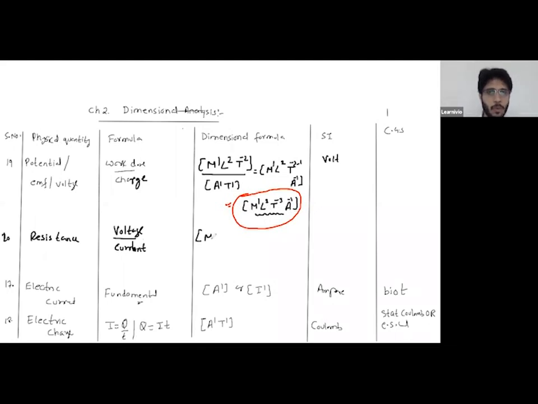Voltage is M1 L square T minus 3 A minus 1 over current. Current is A1. So this is M1 L square T minus 3 A minus 2. This is resistance. And the SI unit is ohm.